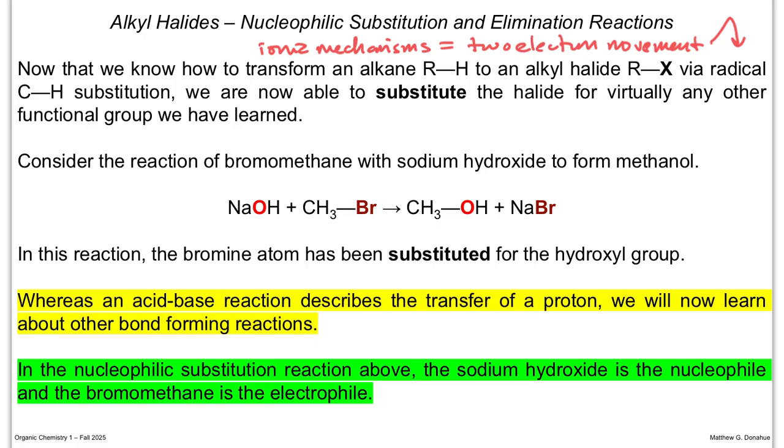What we've seen so far is we can take an alkane with a CH bond and then substitute it for a halogen X. Now we're going to generalize this. Once we have this alkyl halide, we want to substitute that X for any other functional group we've learned. An example of this is shown in the center here. We have bromomethane.